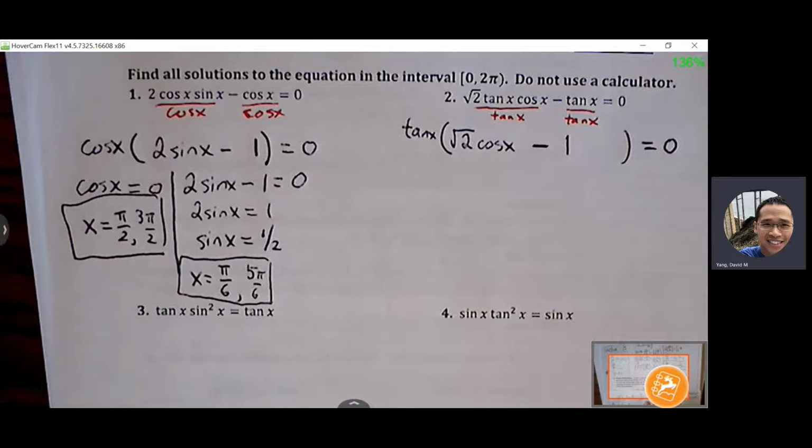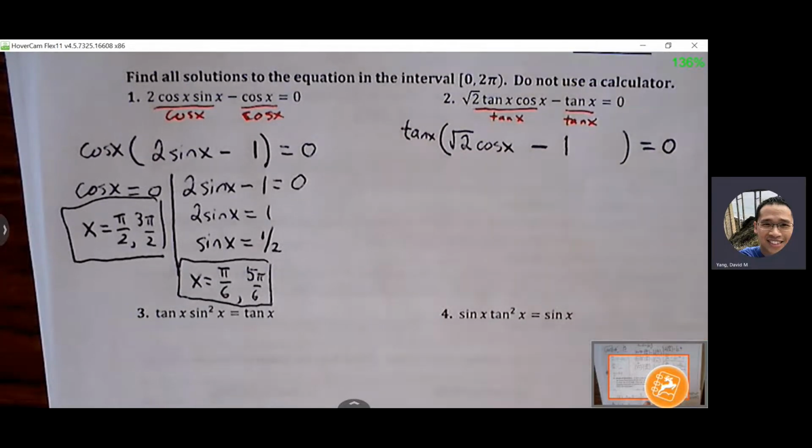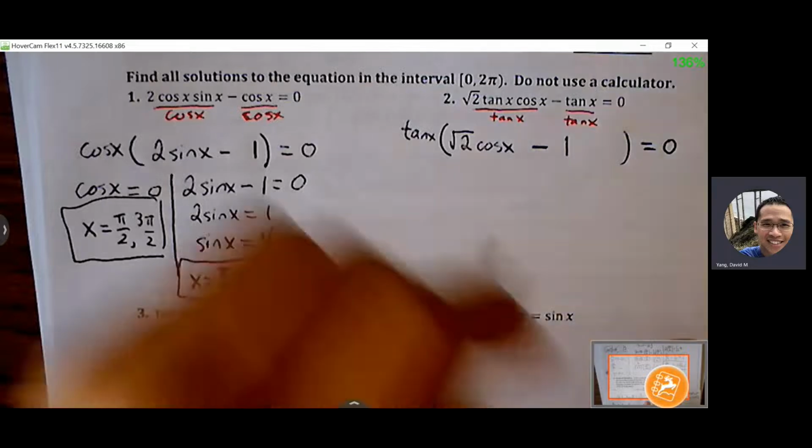Okay, what'd you guys find as your GCF? Tangent of x, okay. Divide tangent of x out of both terms. You got that 0 showing on the right side, and now you can set both parts equal to 0 and look for solutions from both trig terms.